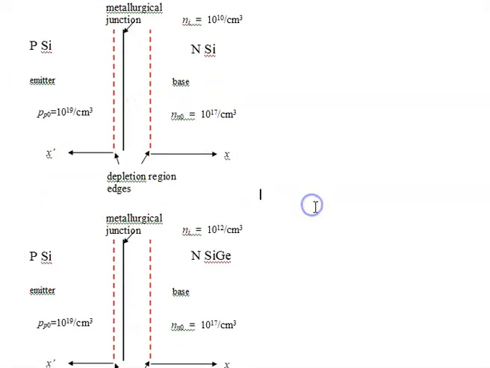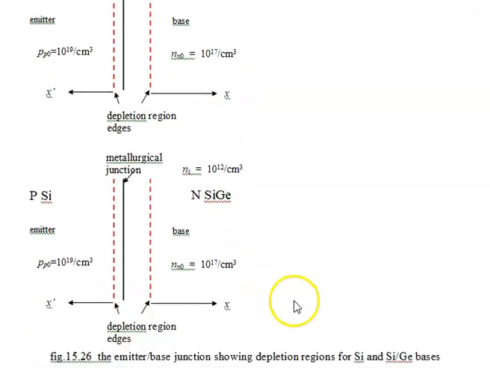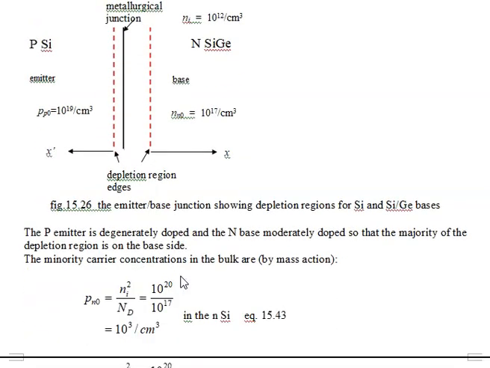Okay, so if we look at these two devices, this is the emitter and the base, we see that the dopings are the same, so that the majority densities are the same, 10 to the 19th in the emitter, 10 to the 17th in the base, whether it's silicon or silicon germanium. However, the minority densities are going to be different.